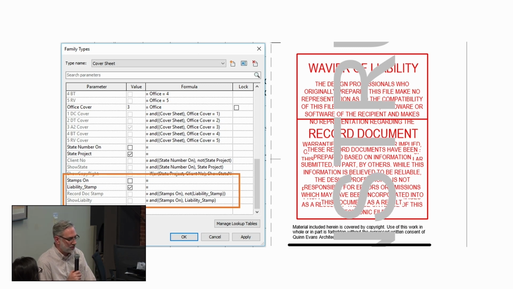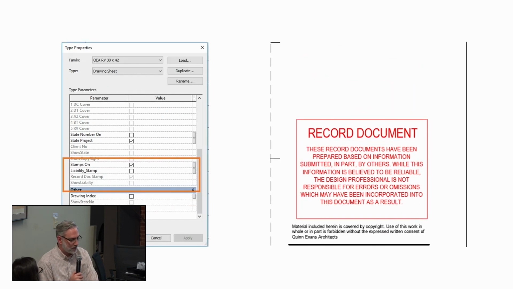So here the idea is that once stamp is turned on, we're then telling it to either show the liability stamp or show the record document stamp. If the stamp box is unchecked, then neither of those appear. And this is the way it would look for the user if he turns on stamps and says, I don't want the liability stamp. By default, it automatically gives you the record drawing because it's not liability stamp, therefore turn it on.